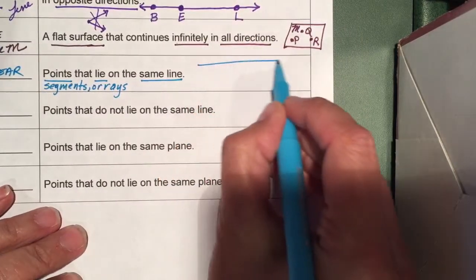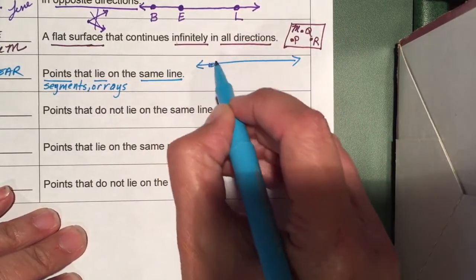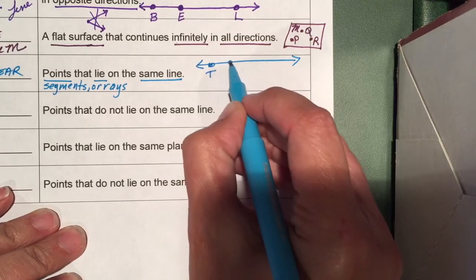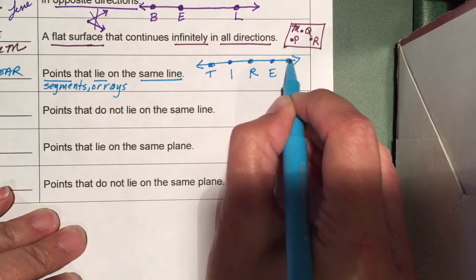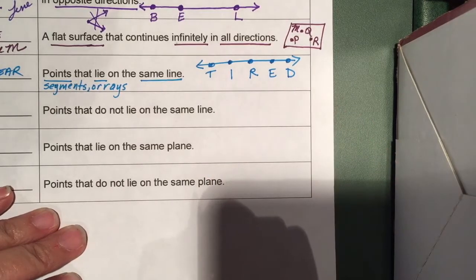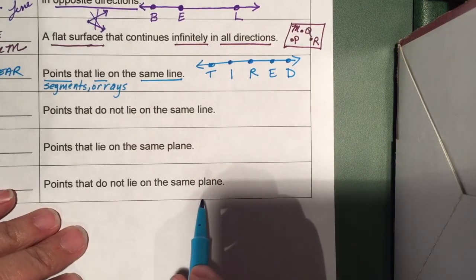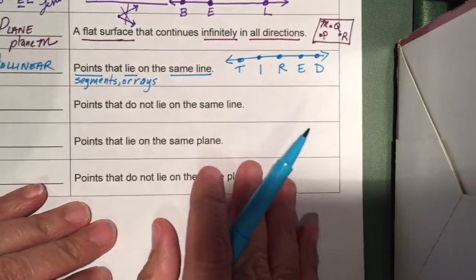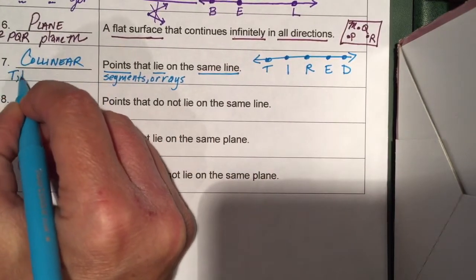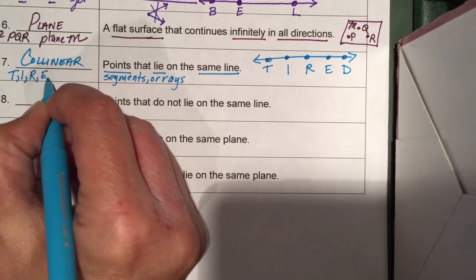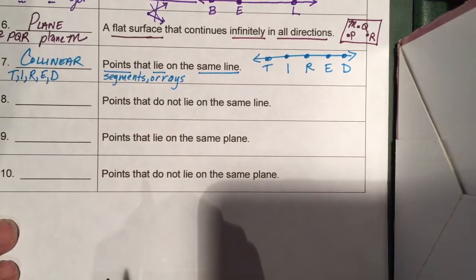So if I were to draw a line here, and I have all these points, pay no attention to what I'm spelling and what I'm choosing for my points. But what you would say here is it would ask you, what points are collinear? Well, you would make a list. T, I, R, E, and D are all collinear.